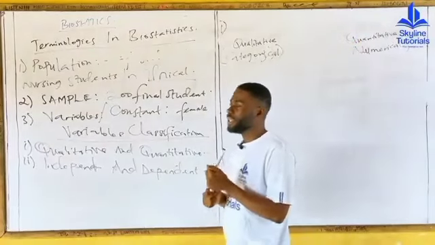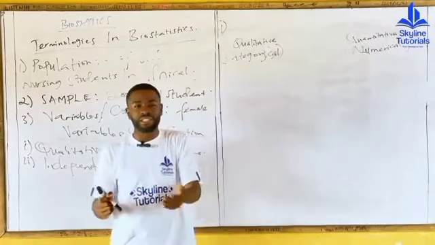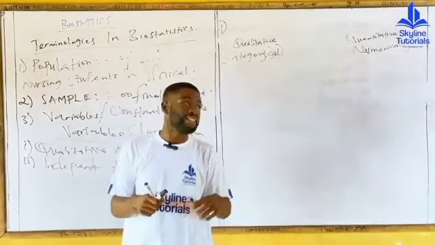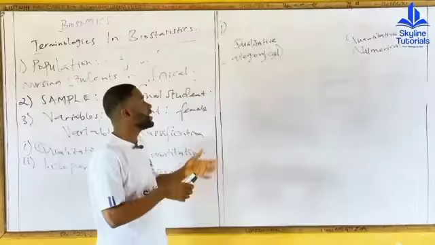So let's look at what they entail. Qualitative, talking about qualities, features, what you can see. So a qualitative variable is simply any variable that is not numerical but differs from person to person. It is the qualities or any observable trait that is not numerical. Underline the word non-numerical. Take note.